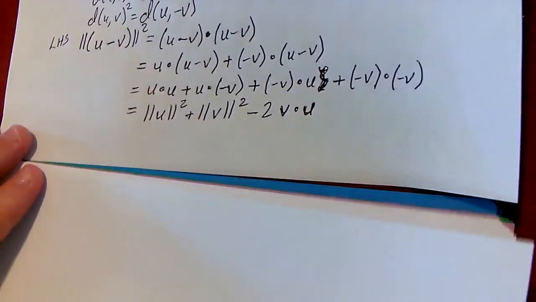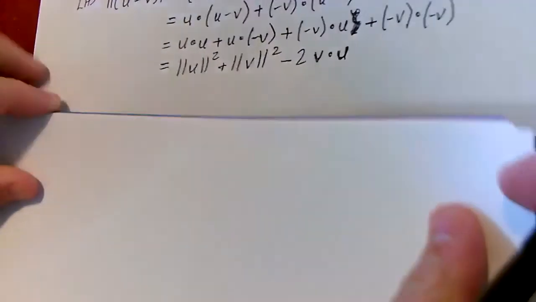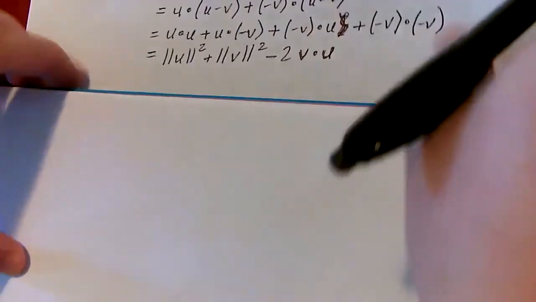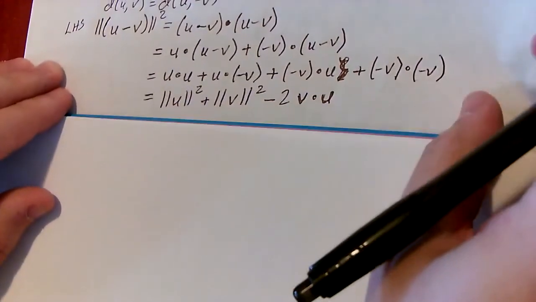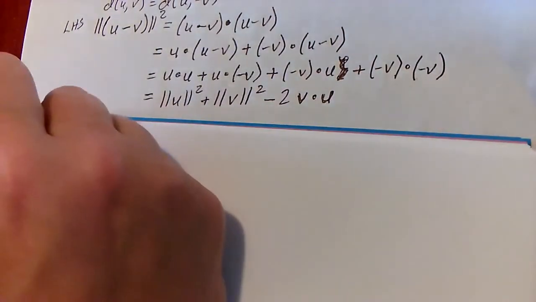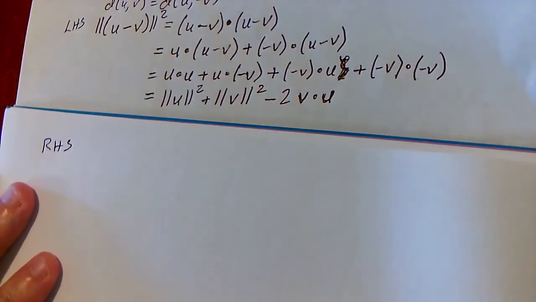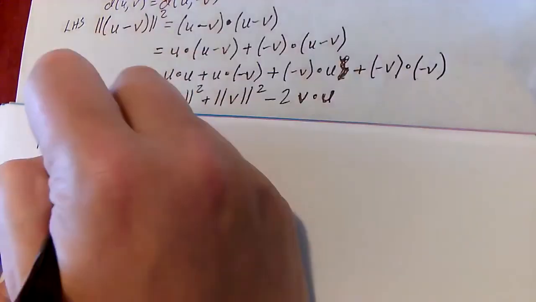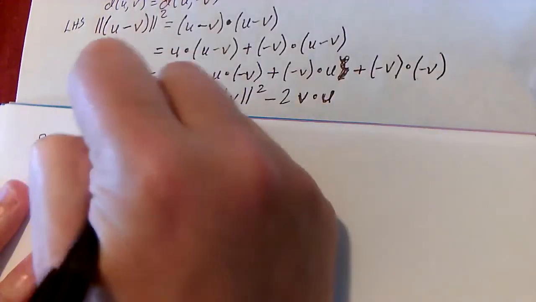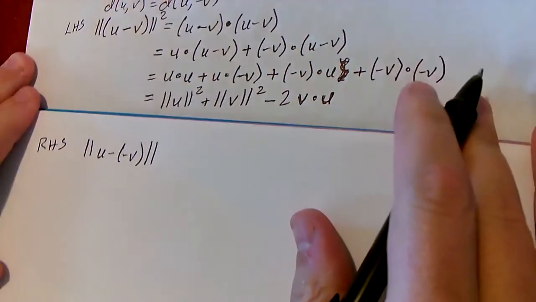Now let's take a look at the right-hand side. See if we can make any observations here. On the right-hand side now, I have the norm of u minus negative v. So remember what the right-hand side was.